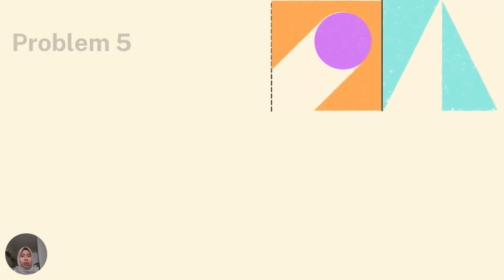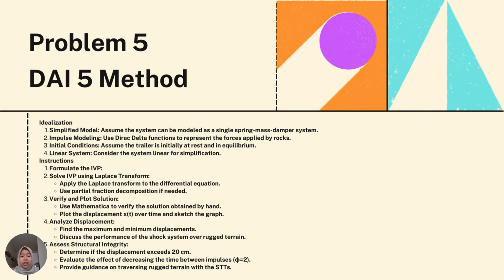The idealization is the same as the others, and the instruction is that we first formulate the IVP, the initial value problem. We apply the Laplace transform to solve this IVP.